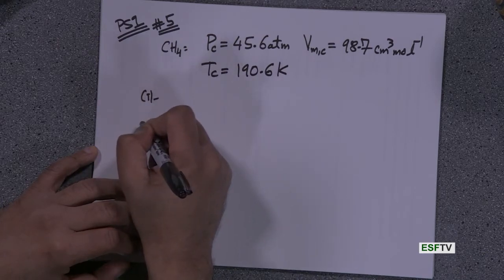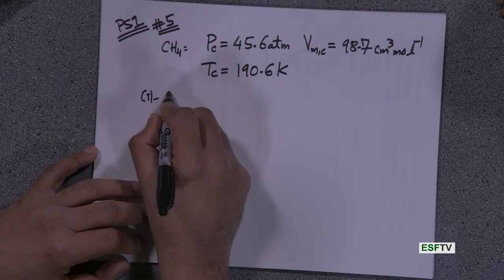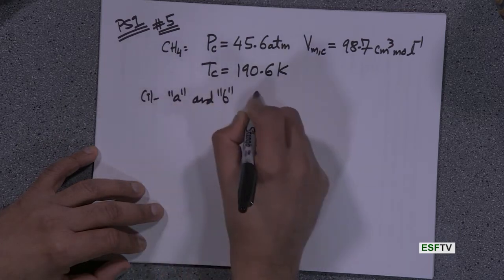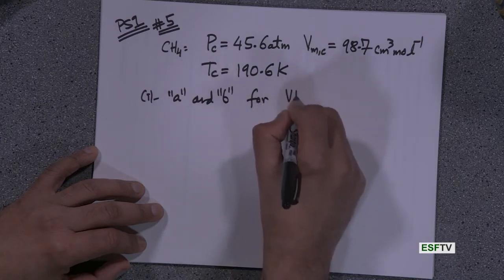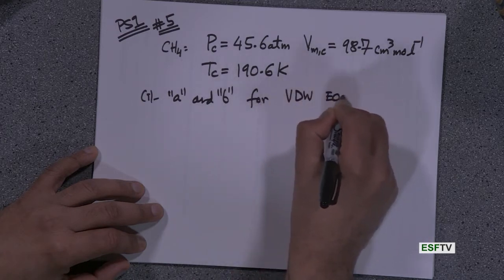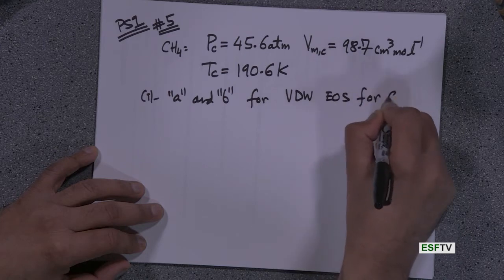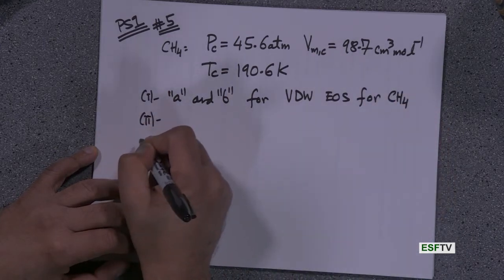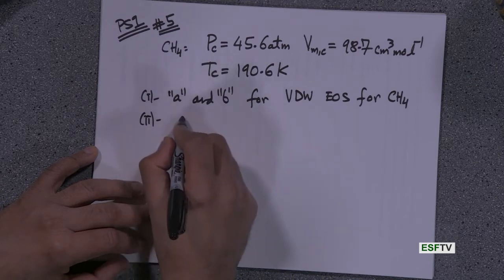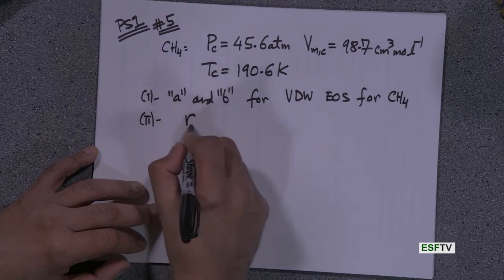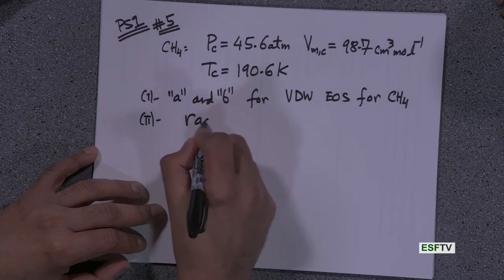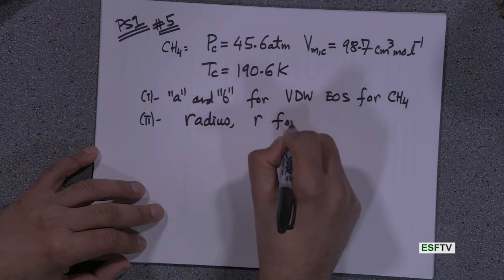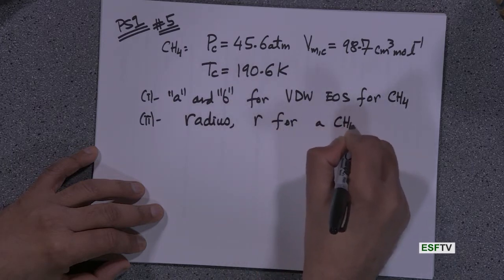The first part is to calculate the van der Waals parameters for methane, or in other words A and B, for the van der Waals equation of state for methane, and the second part is to calculate the approximate radius, I'll call this little r, for a methane molecule.